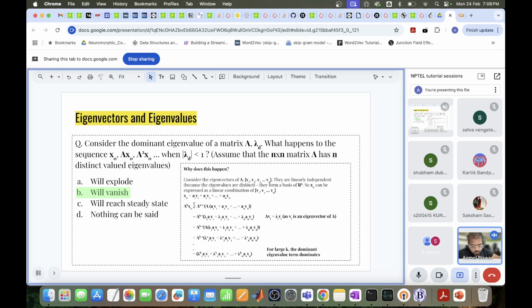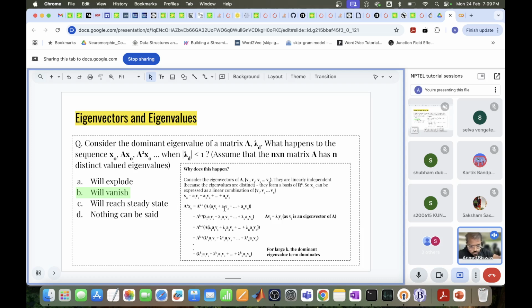We can split it into two halves. One half is A to the power k minus 1, and the remaining part is A times x0. So it is A to the power k minus 1 times A times x0, and x0 can be written as a linear combination of the eigenvectors of A.